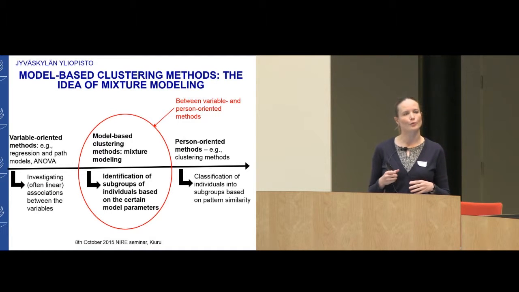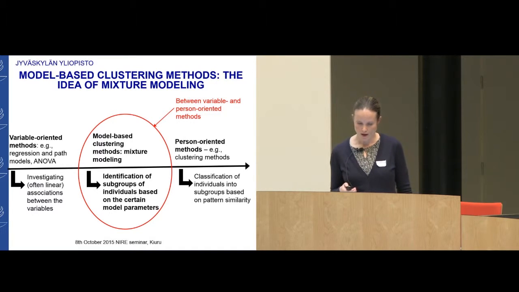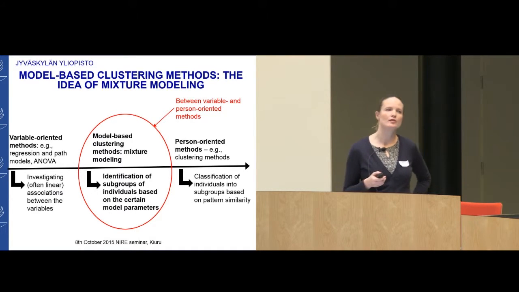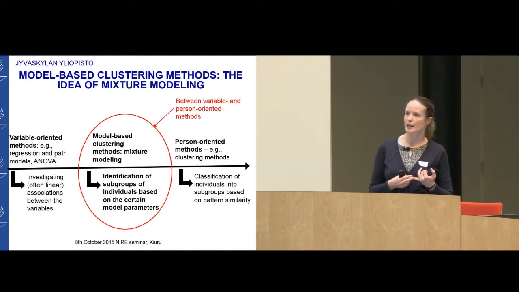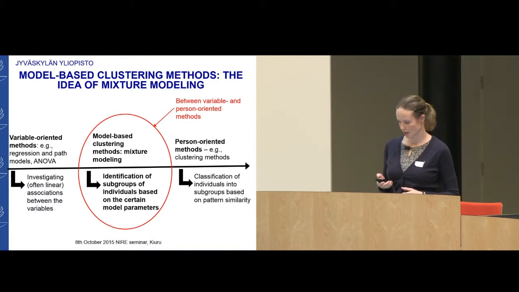It's not enough to model the whole sample and fit one nice model to the whole sample and maybe variability around it, but there might be some subgroups that are very different from each other. And I will next present you some examples, some possibilities of mixture modeling to analyze intrapersonal data, and after that I will present one empirical example.